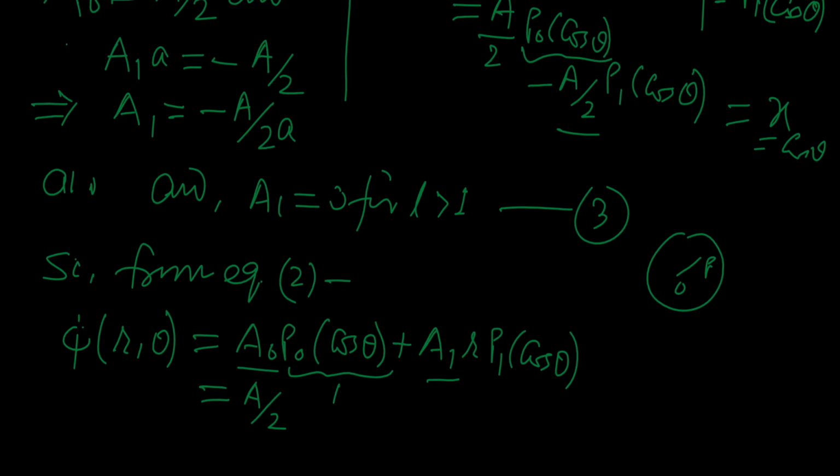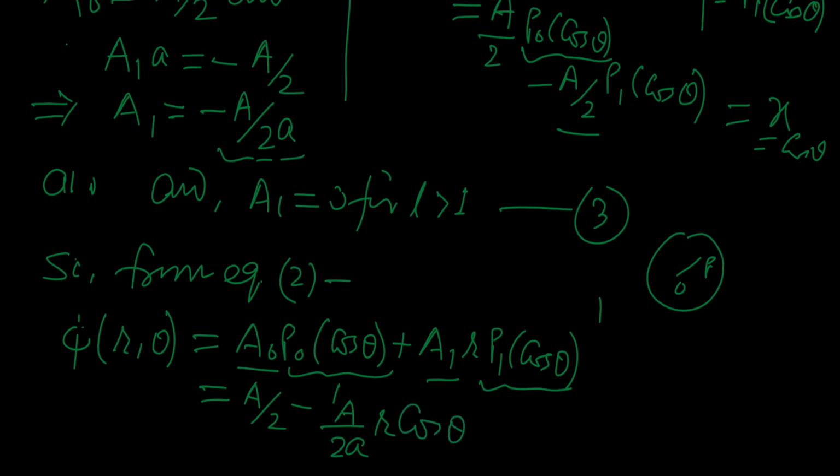And A1 is equal to minus A over 2a, so A1 is replaced by A over 2a with negative sign, into r P1 of cos theta. You know P1 of x, or P1 of cos theta, is equal to x, and x is written as cos theta, so this is cos theta.